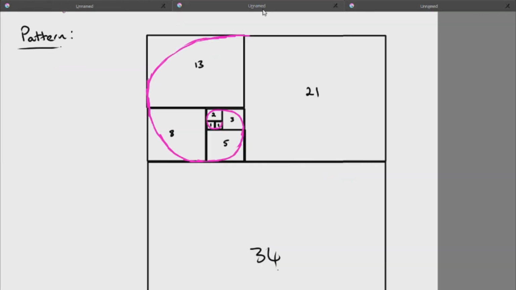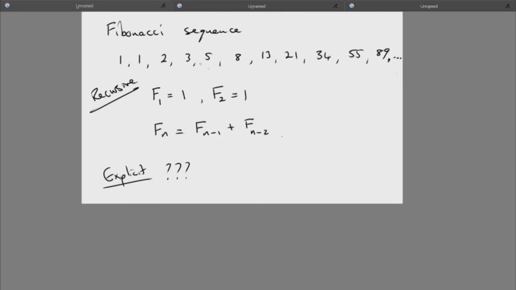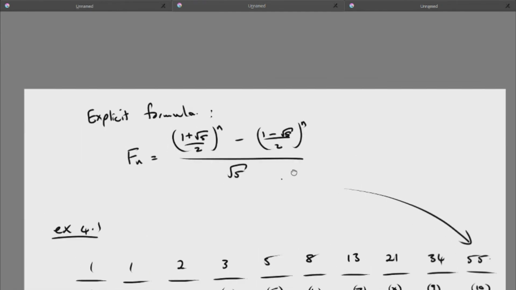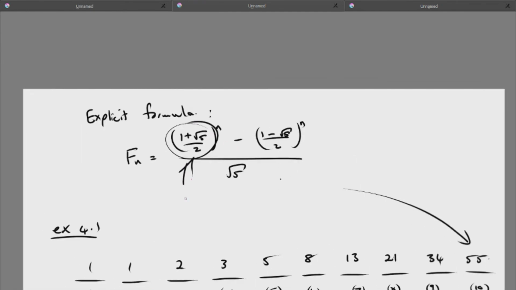Now when we look at the explicit formula, where was it now? Over here. That is the golden ratio right there. And you can rewrite it so the golden ratio is in the second part as well. So the Fibonacci sequence is connected to the golden ratio, to this optimal design that we see in art, that the Greeks used in their structures and their buildings.